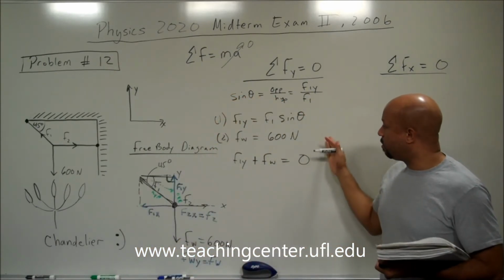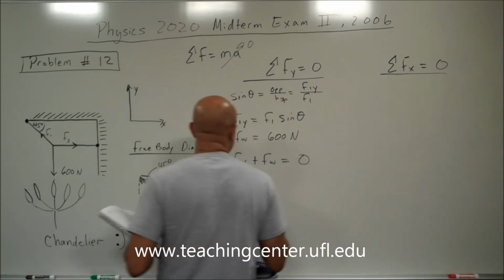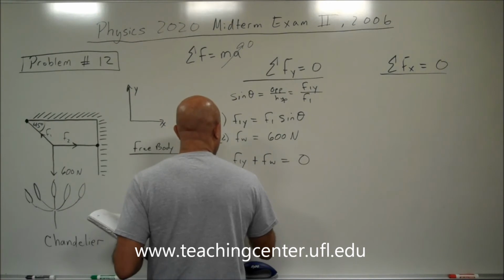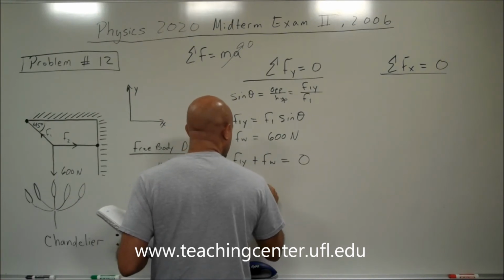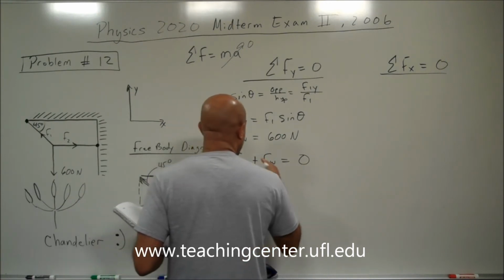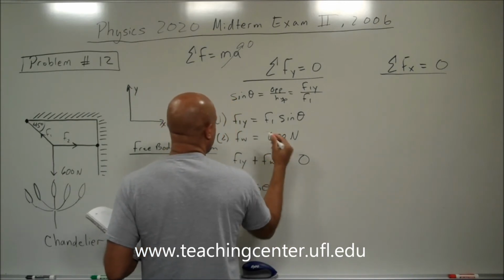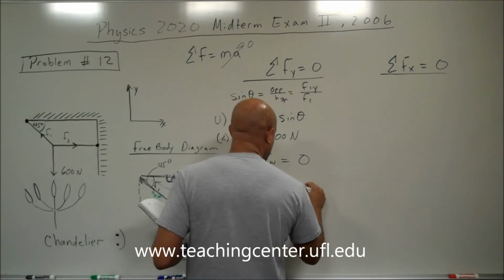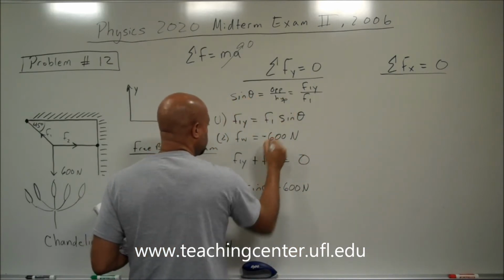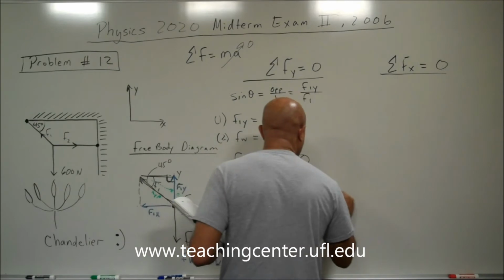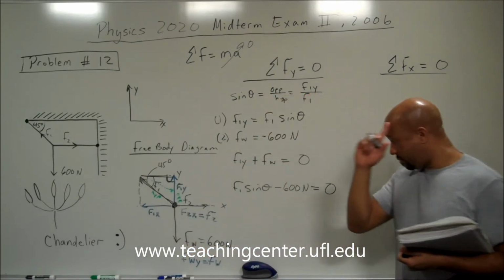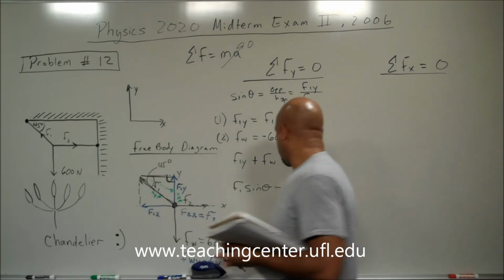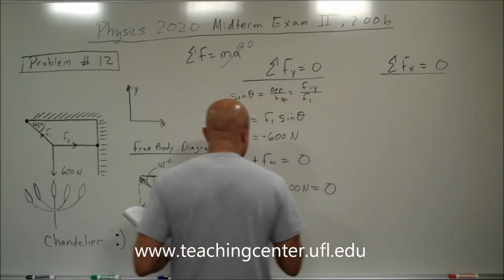When we substitute this in, F1y is F1 times the sine of theta, plus Fw, but Fw is minus 600 because it's acting in a negative direction, equal to 0. Now we can solve this equation for F1.